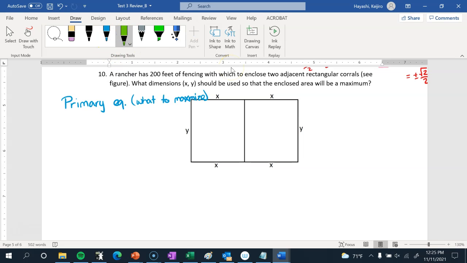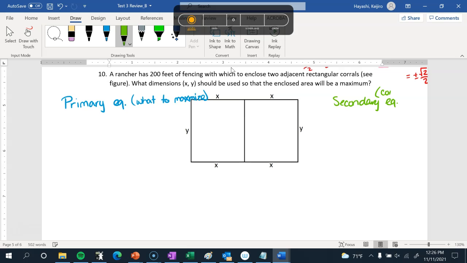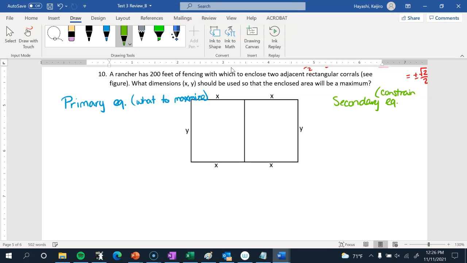And there's going to be a secondary equation that represents some sort of constraint or condition that you're going to be restricted by.